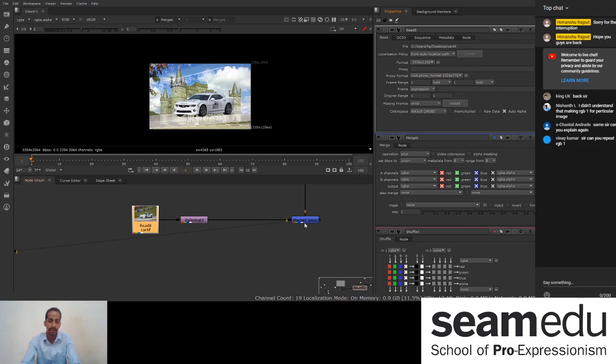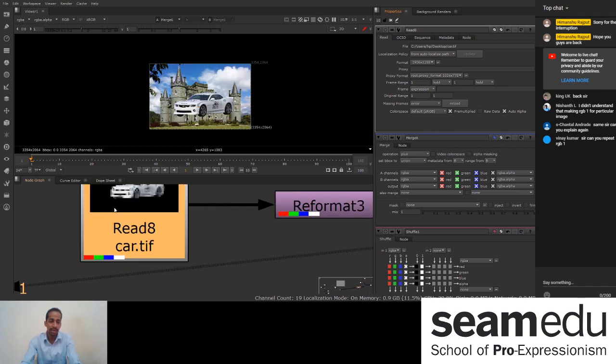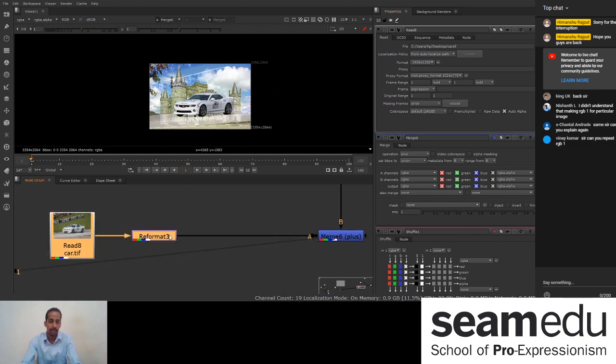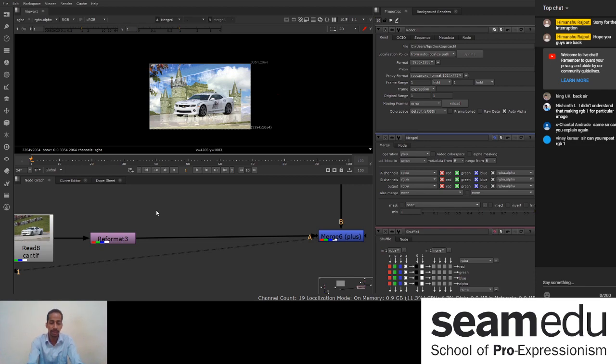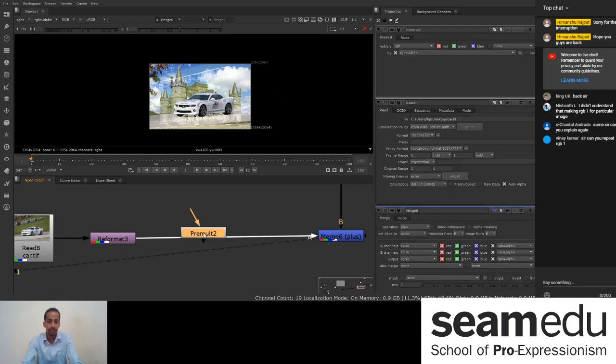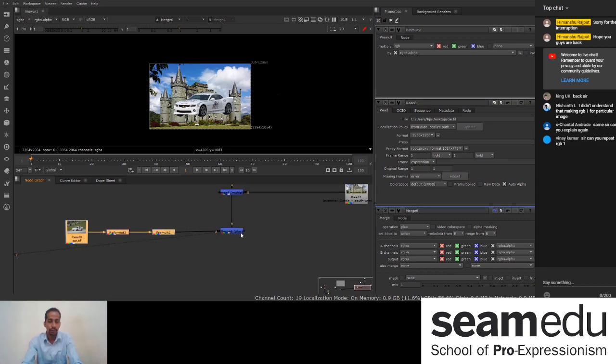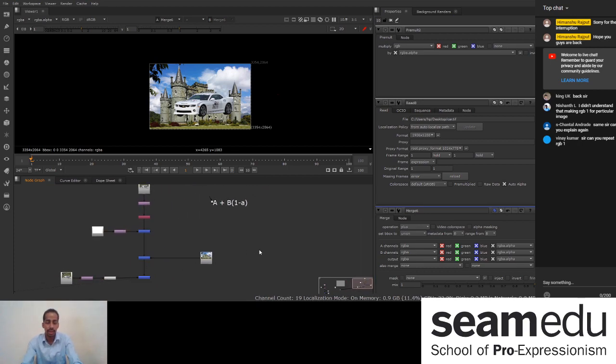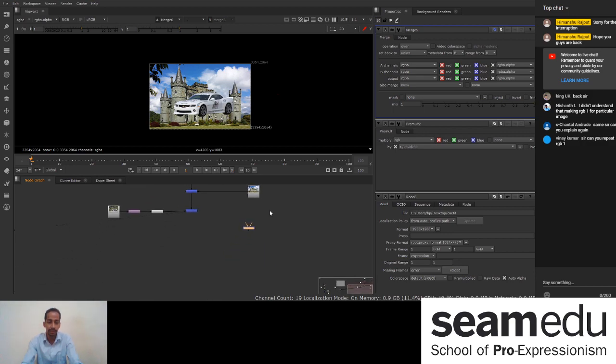When I do pre-multiply, you can see we are getting only the car, but I recommend you use the separate node, meaning the premult node. When you use this, you get the result. You can actually do all of this directly by using the merge node, A over B.